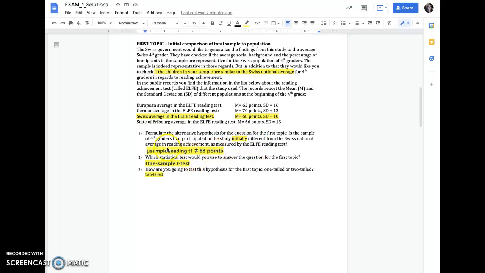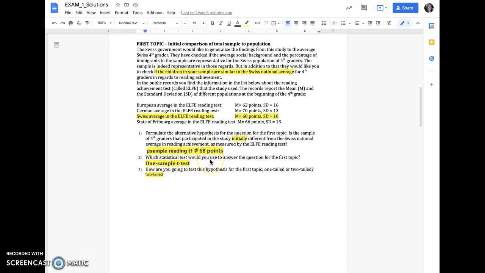So our alternative hypothesis is going to be that the mean of our sample at time 1, because it says initially here, that's how we know it's time 1, is not equal to 68 points. In other words, they are different. The null hypothesis would be that there is no difference between these two groups and that they are equal. So that's how we formulated our null hypothesis.